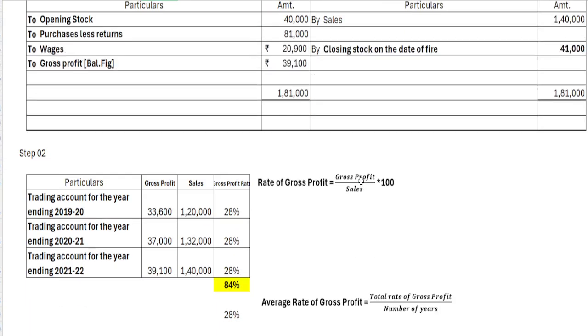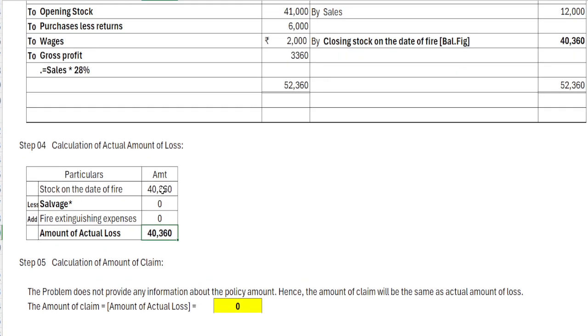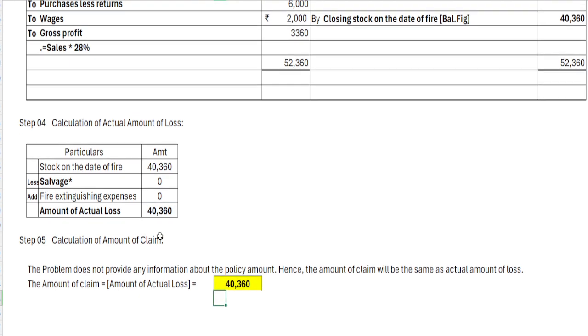We will put it into the format: salvage is equal to 0. Incurred expense is also 0. Then policy amount is not given. Assuming that it is fully insured, the amount of claim will be 40,360.